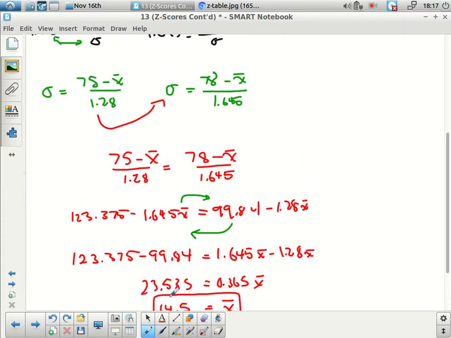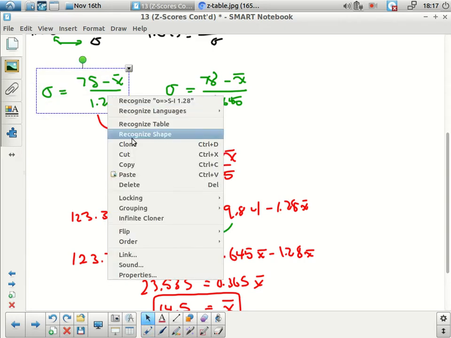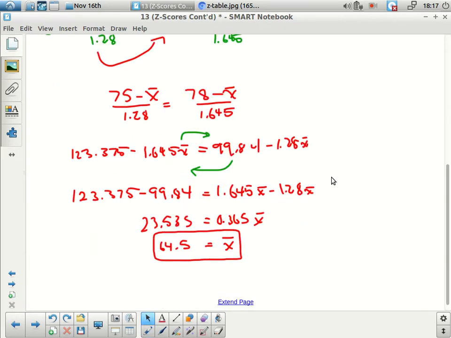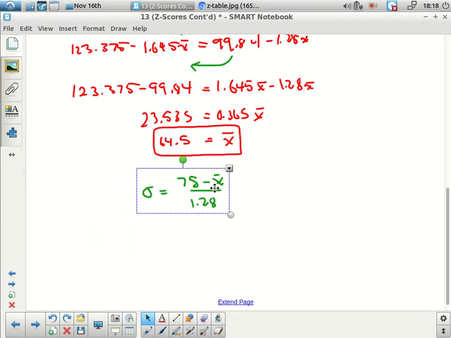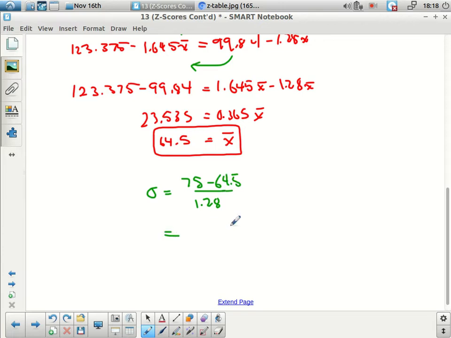Okay, finally, I'm going to go back to one of my original expressions for sigma. Maybe say this one. Okay, and then substitute in my value for x bar. So I got 64.5, and then use that to solve for sigma.